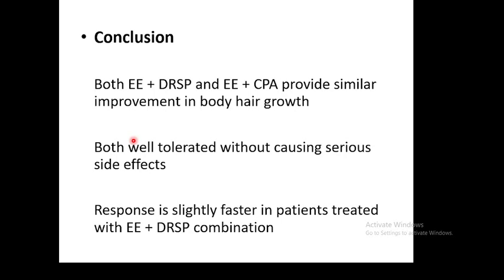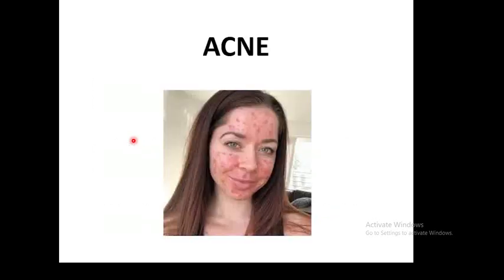Both are well tolerated without causing serious adverse effects. But response is slightly faster in patients treated with ethinyl estradiol plus drospirenone containing COCPs. Both are okay, cyproterone acetate as well as drospirenone. Both are fine for hirsutism.